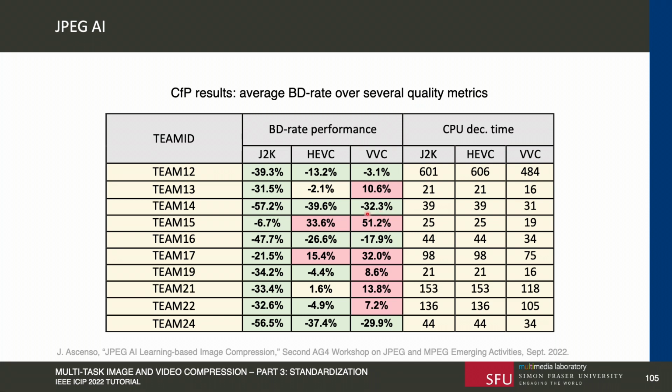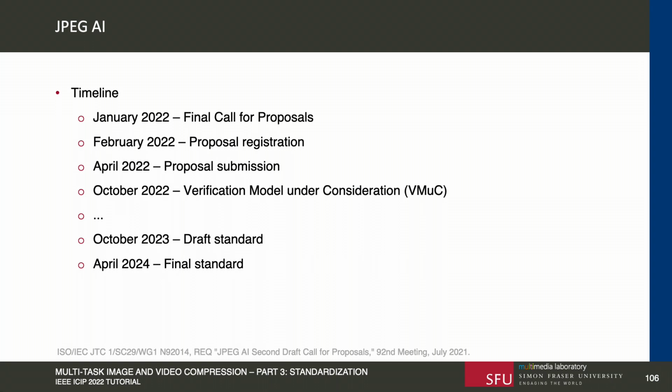So the proposals of the top two teams here were taken to construct the verification model under consideration, and that's sort of the current point where the JPEG AI standardization effort is. So this verification model under consideration is being finalized.